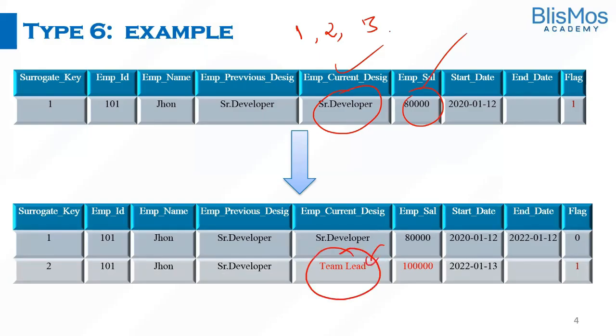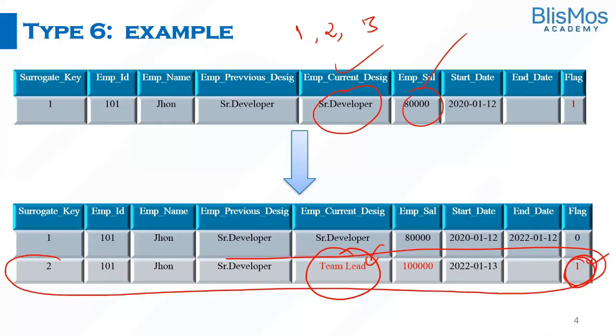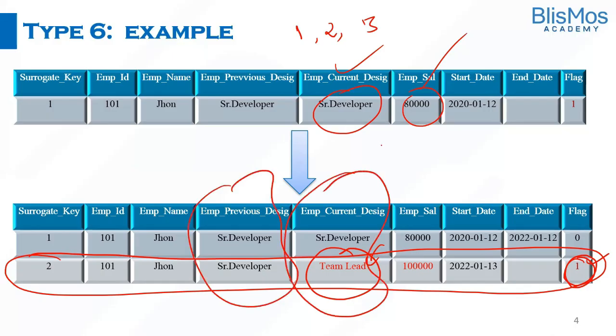In case of type 2, we are going with row versioning. In this case, if you see, we have a flag. Wherever the flag is 1, that will be the current data. And also, we have the whole record here, which is introduced to track the changes. As a part of type 3, we are maintaining two columns, including a current designation column.